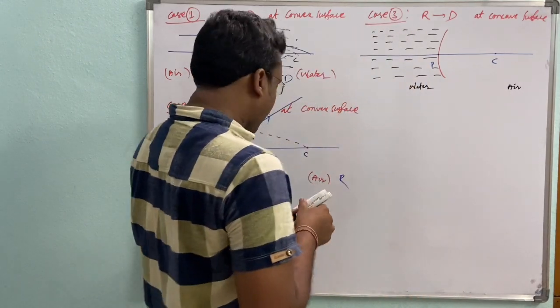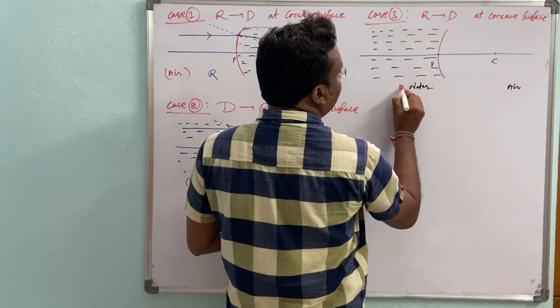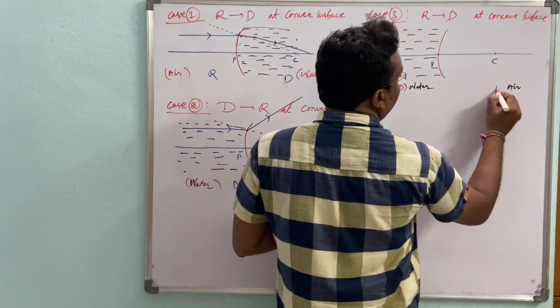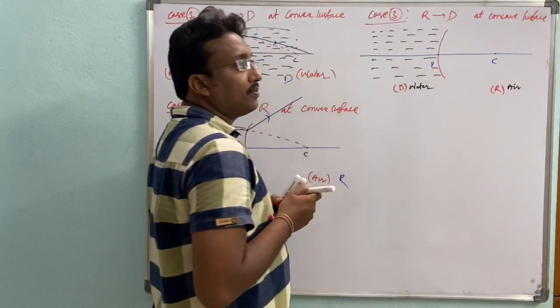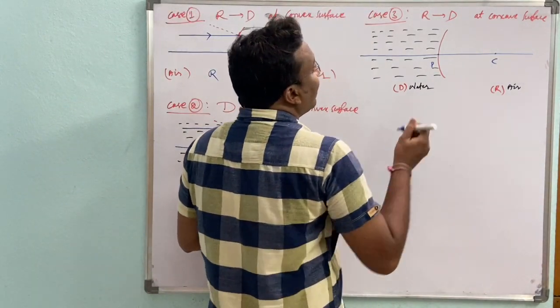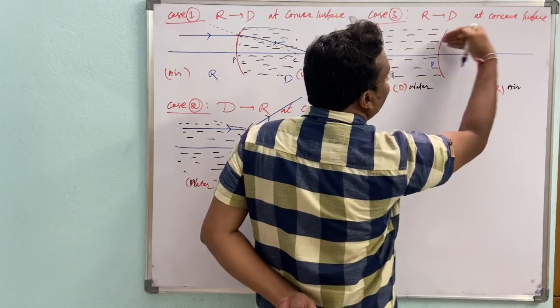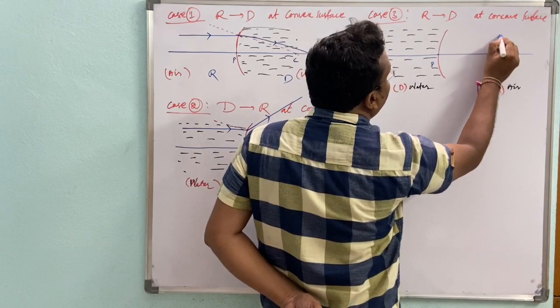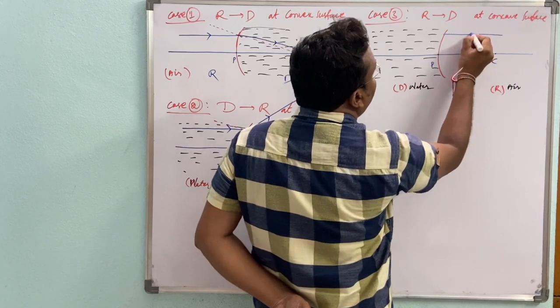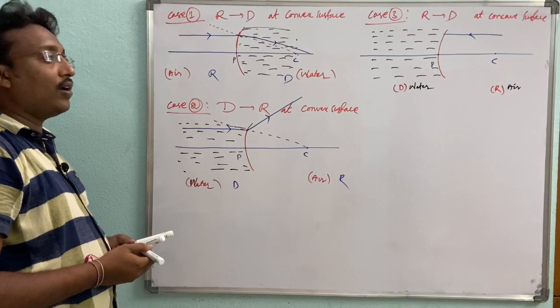In this case the water acts as a denser medium and here it acts as a rarer medium. Then the incident ray passes from rarer to denser, traveling in this direction. Got it?